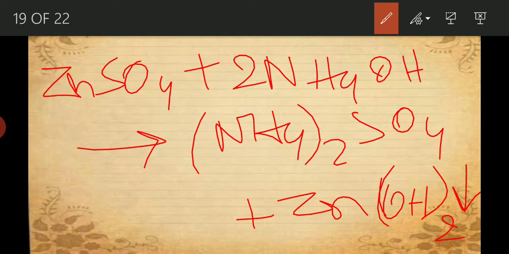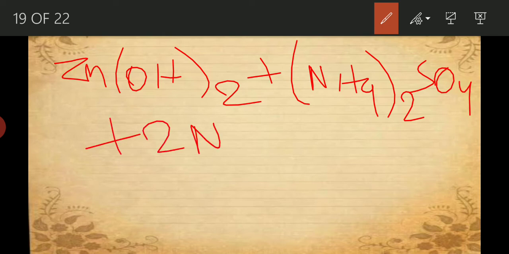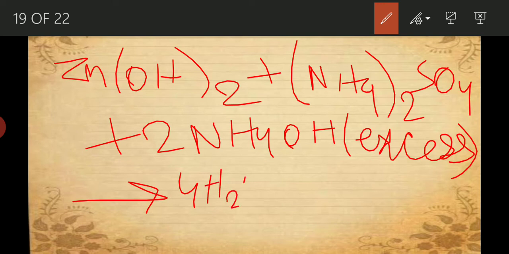Previously we have seen that zinc hydroxide is soluble in excess sodium hydroxide. Here also we will see this zinc hydroxide, along with that ammonium sulfate. If we react this zinc hydroxide with excess NH4OH, then what will happen? Then it will form water and tetraamine zinc sulfate.